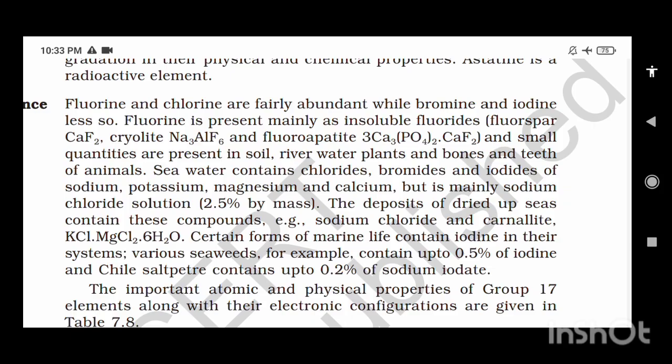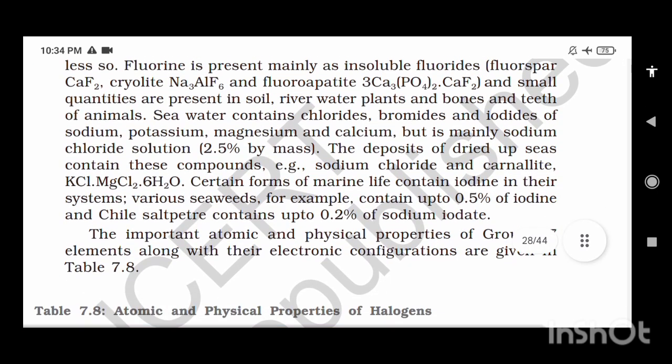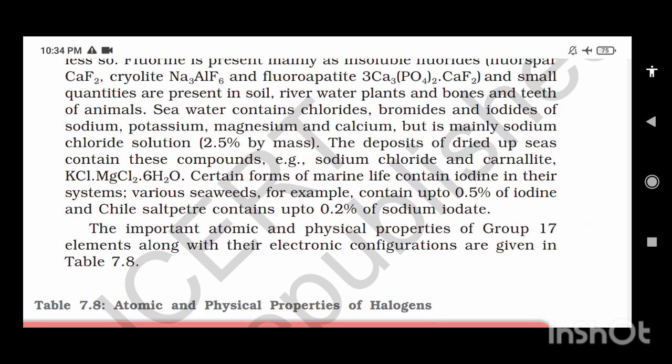Fluorine is present mainly as insoluble fluorides, and small quantities are present in the soil, river water, plants, and bones and teeth of animals. Seawater contains chlorides, bromides and iodides of sodium, potassium, magnesium and calcium, but it is mainly sodium chloride solution. The deposits of dried up seas contain these compounds, for example sodium chloride and carnallite.